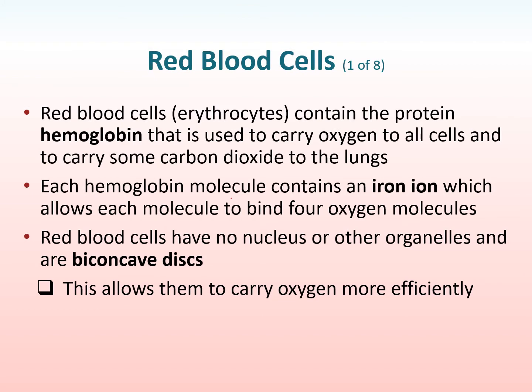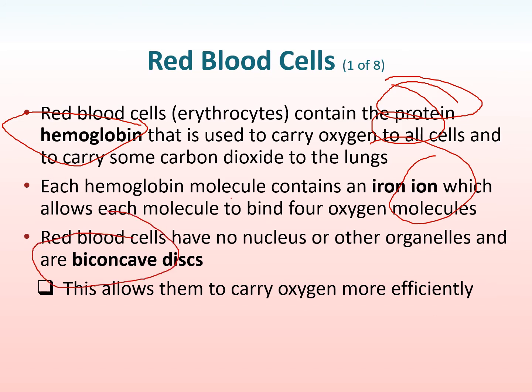"100 milliliters of blood contains approximately 15 grams of the protein hemoglobin in it, which is used to carry oxygen. Each hemoglobin has an iron in there, and the red blood cell itself is shaped like a biconcave disc, which supposedly allows the red blood cell to carry oxygen more efficiently."